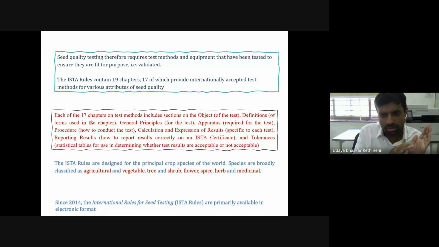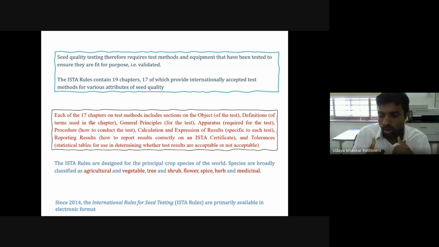Continuously new species get added and the methodology is streamlined. That's why they maintain their stance, their methodologies are so proficient, and everybody wants to adopt them.